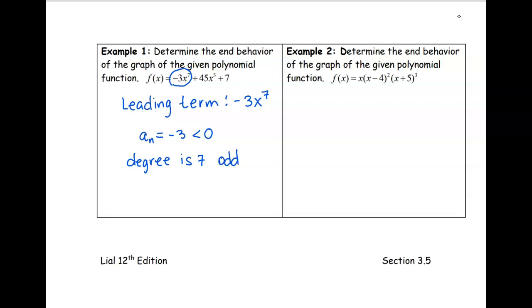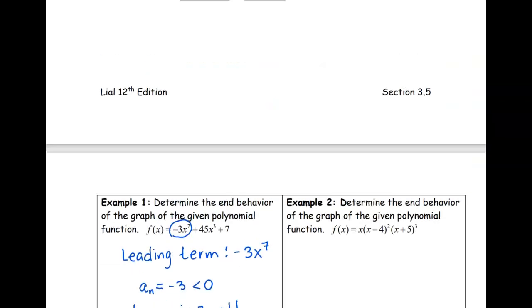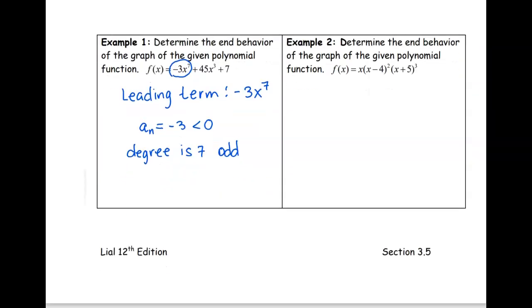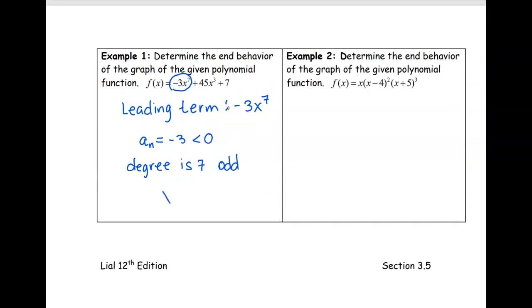Now, we've seen that if the degree is an odd number and the coefficient is negative, the end behavior would look like this. They have opposite behavior at each end. Note that the left tail is going up and the right tail is going down. So the end behavior would look like this.